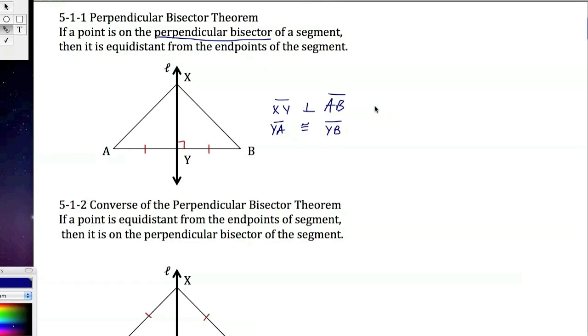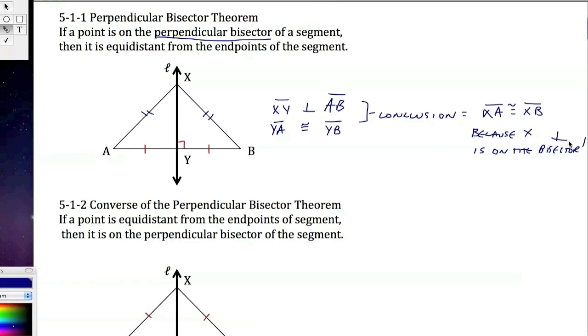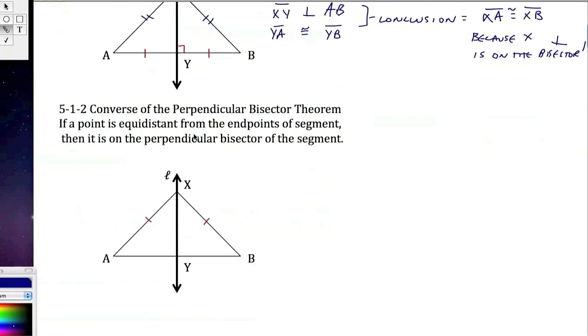Okay? So the conclusion is that XA is congruent to XB because X is on the bisector. Okay? So because X is on the bisector and that's the perpendicular bisector, we can say that the two sides of the triangle are equal, okay, or congruent.